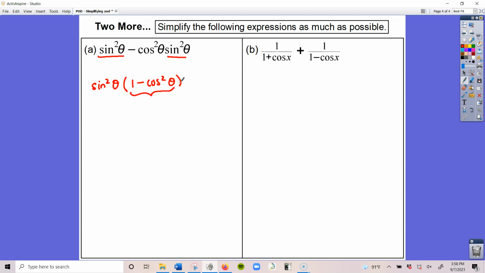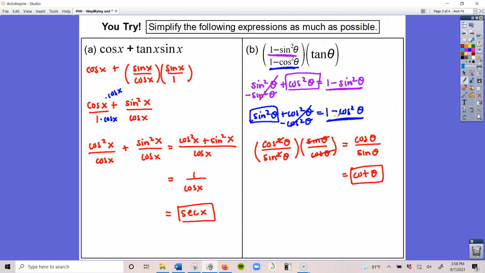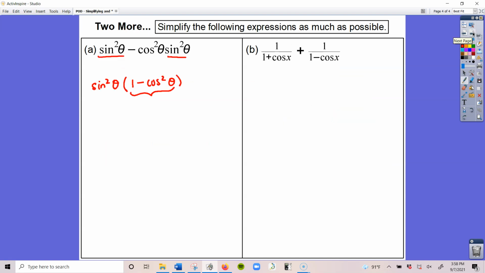Now this 1 minus cosine squared we've seen before for sure. 1 minus cosine squared is equal to sine squared. So I can replace that 1 minus cosine squared with sine squared, which is being multiplied with another sine squared. So sine squared times sine squared, we add those exponents and we get sine to the fourth of theta.